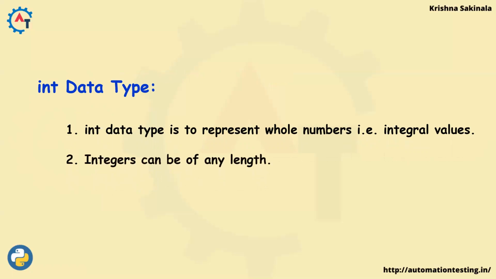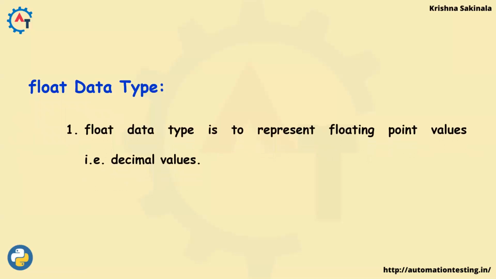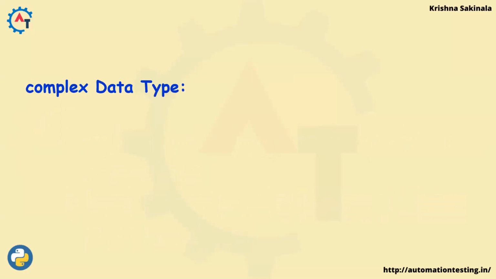Integers can be of any length. You can give as much length as you want. Coming to the float data type. Float data type is to represent floating point values, meaning decimal values. Floating point values can also be represented in exponential form, that is scientific notation. Coming to the complex data type.